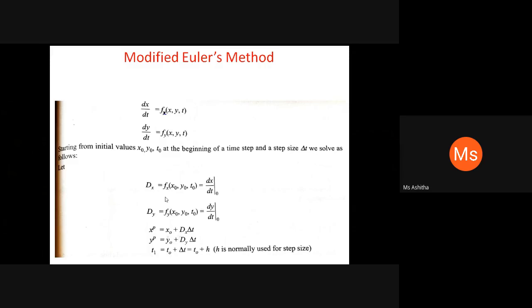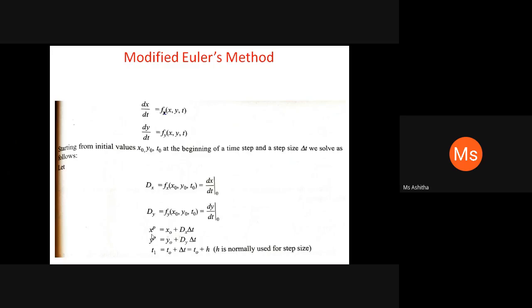Here f of x naught, y naught and t naught, where naught represents the initial terms, that is x naught, y naught and t naught at the beginning of the step size. So x naught, y naught, t naught gives the initial value of the derivative of x. Similarly, x naught, y naught, t naught for fy gives the derivative of y.